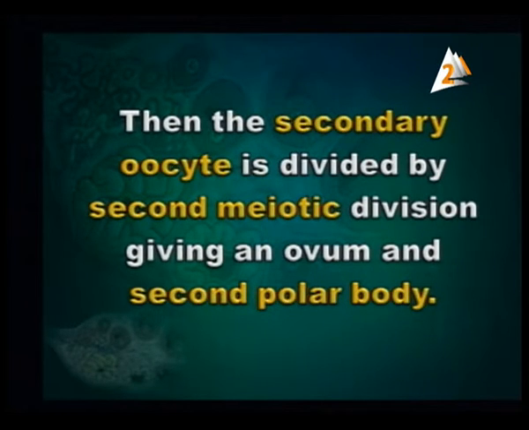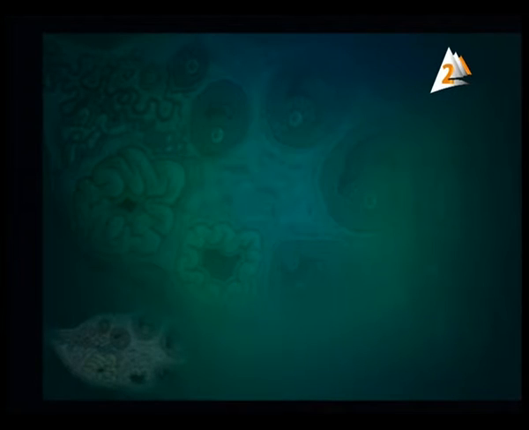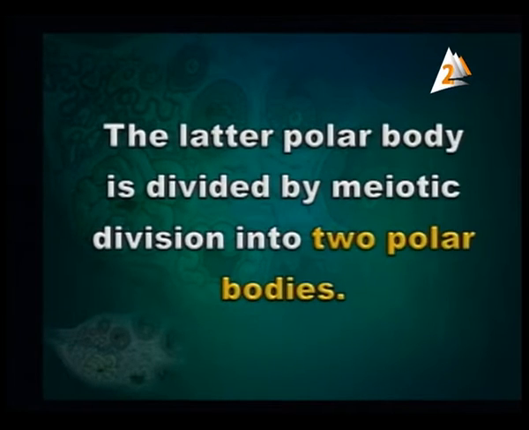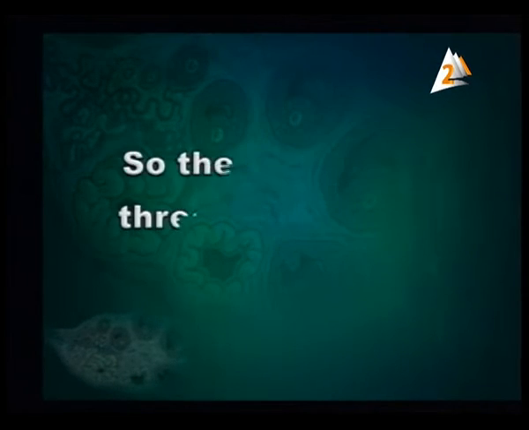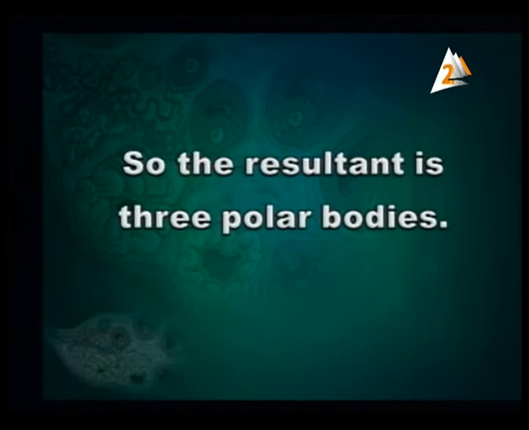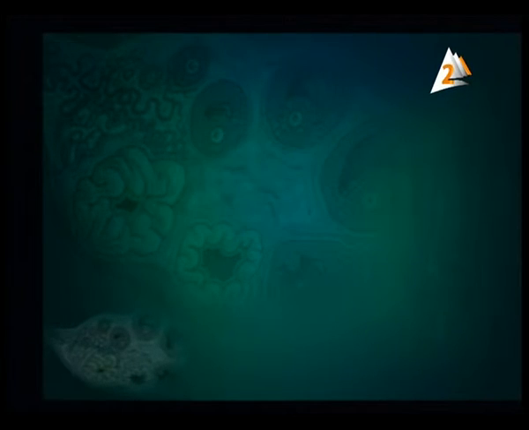The first polar body is divided another time into two polar bodies. So the result is 3 polar bodies and 1 ovum.